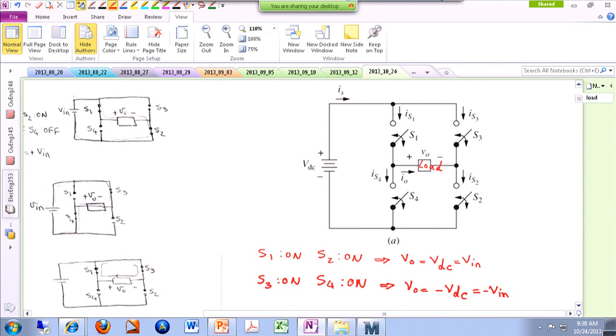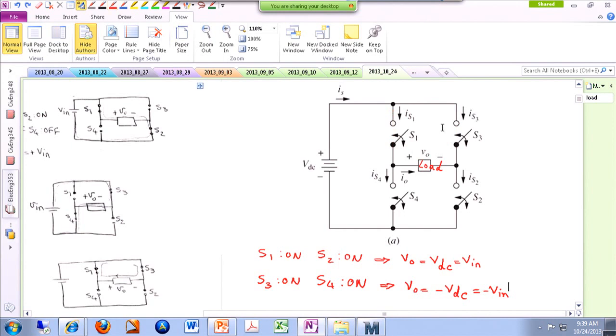Okay? And there are 2 other states that are almost identical, and that is, for instance, if I turn S1 on and S3 on, so technically I'm actually closing this loop over here. So in that case, you can argue that you can apply 0 volts to your load, or basically you can short circuit your load.